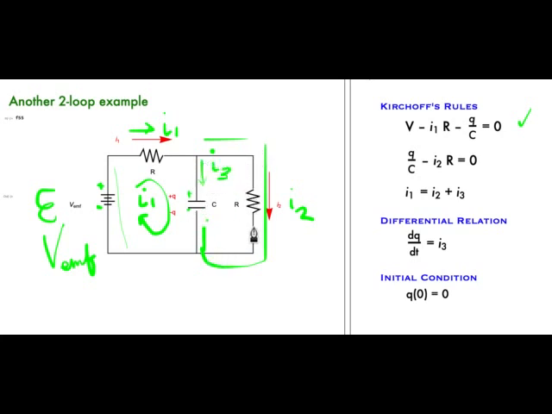Here, the change in potential is minus I2R, because again, driving a current in the I2 direction, so as I go from here to here, the change in potential will be negative. This is the high potential side, this is the low potential side. So Q over C minus I2R is 0.